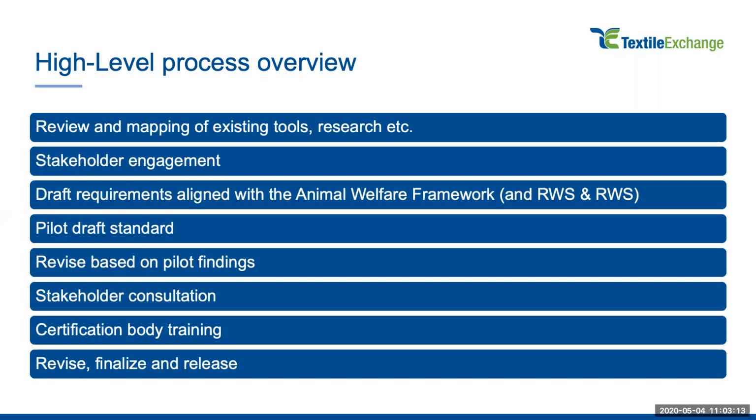The next step in the process, once we have a draft set of requirements developed, is to pilot test the standard on farms. And then we will go back and revise the standard based on the findings from these pilot audits. Once we have arrived at a near final version, we will carry out stakeholder consultation in line with our ISEAL commitments, and we will also carry out training for certification bodies and their auditors before we finalize and release the standard.